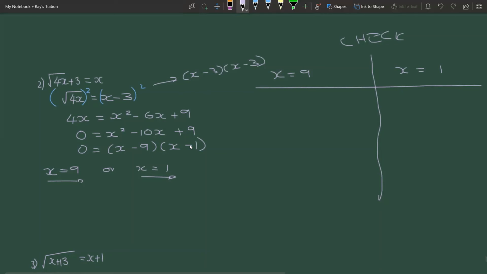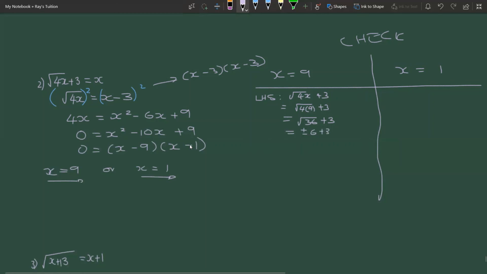The left hand side is equal to the square root of 4x plus 3. So this here is the square root of 4 times 9 plus 3, which is equal to the square root of 36 plus 3, and the square root of 36 is plus or minus 6, plus 3.